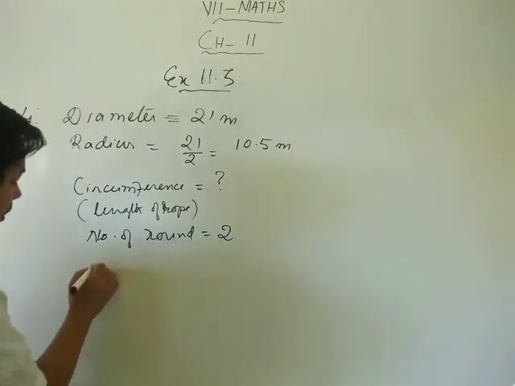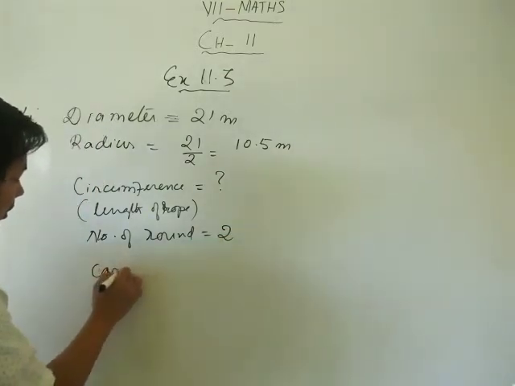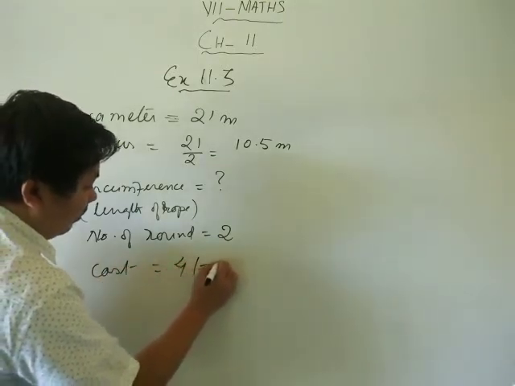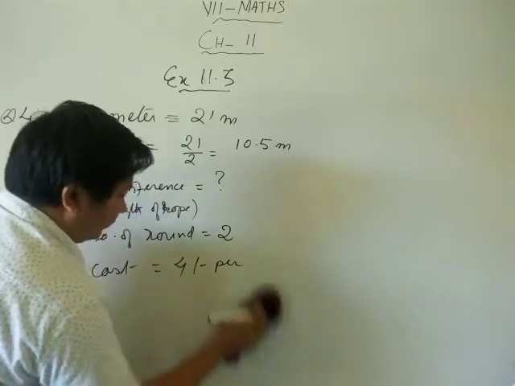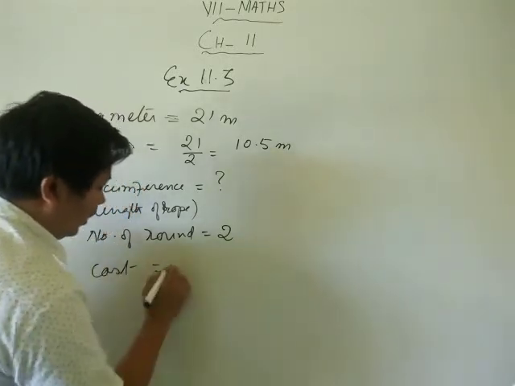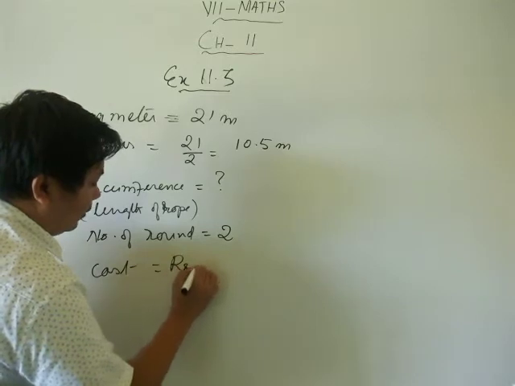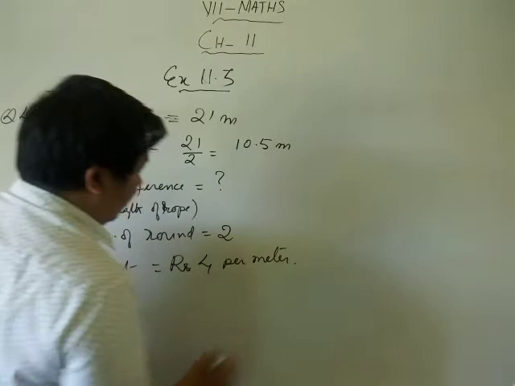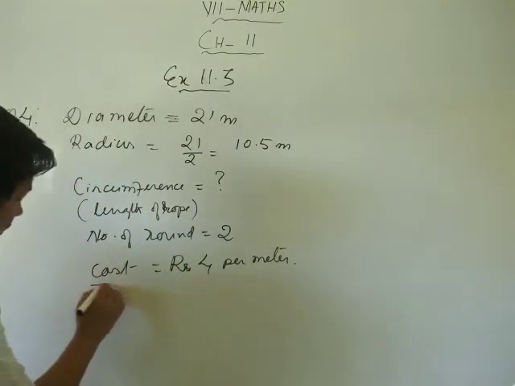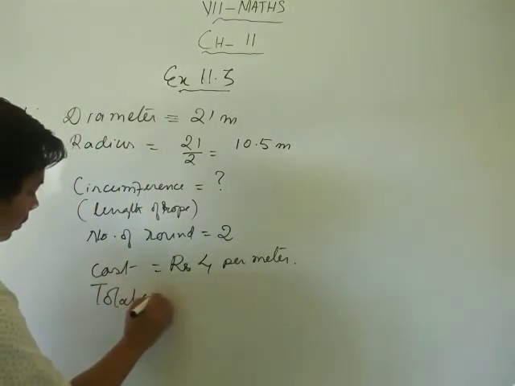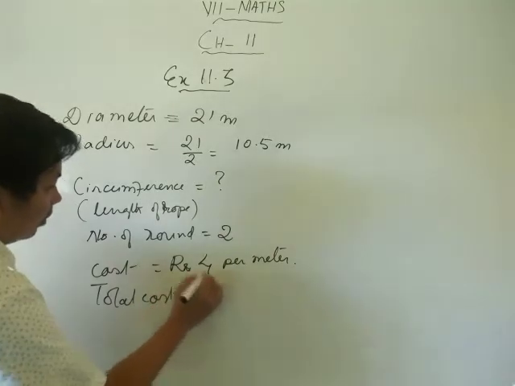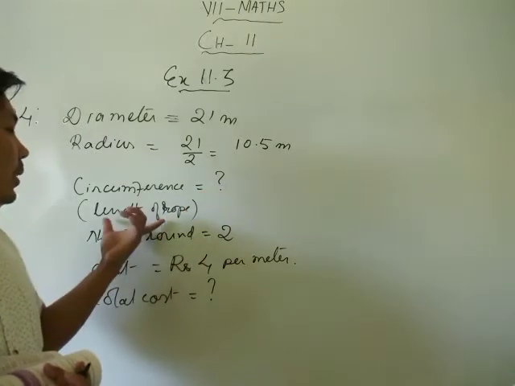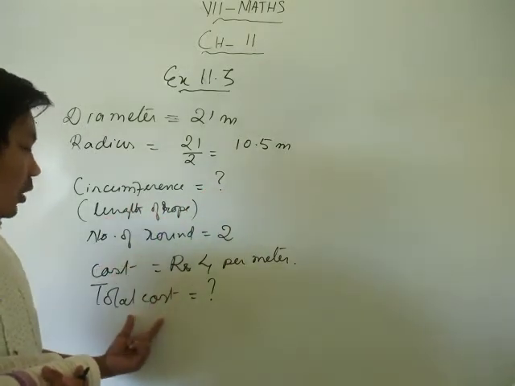And the cost is 4 rupees per meter. Now we have to find out the total cost. Two things we have to find out: the circumference of the circle, which will be the length of the rod, and the total cost of the rod.